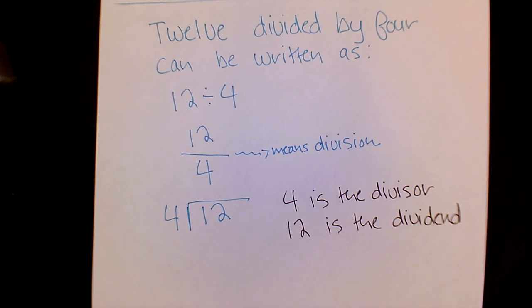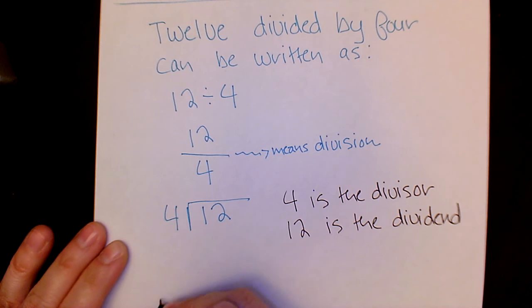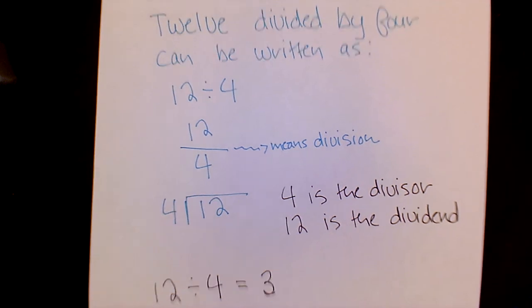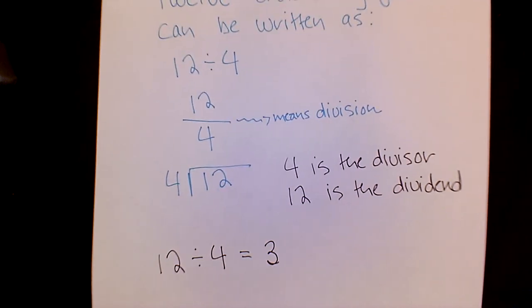So we're taking 12 and we're dividing it up into 4 groups. How many are in each group? Well, if you take and divide up 12, divide it by 4, or 4 groups, you're going to get 3.